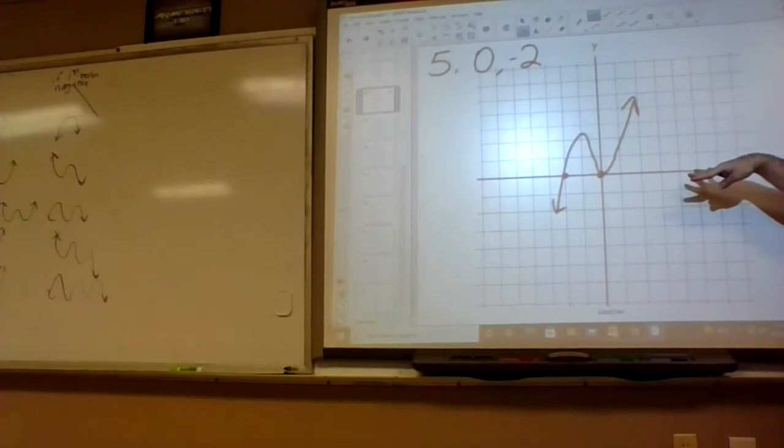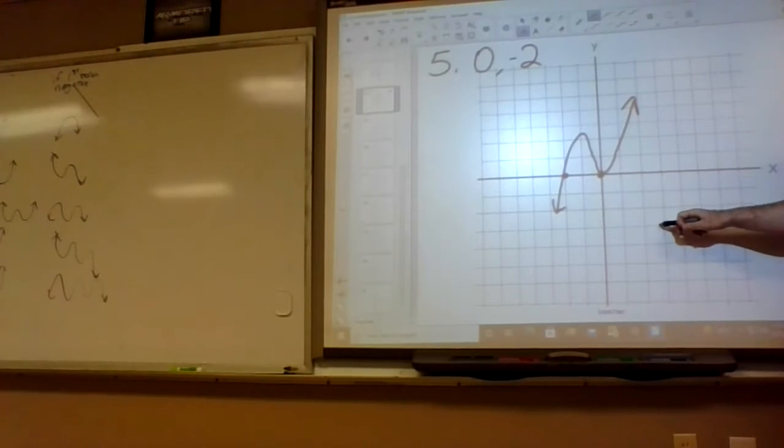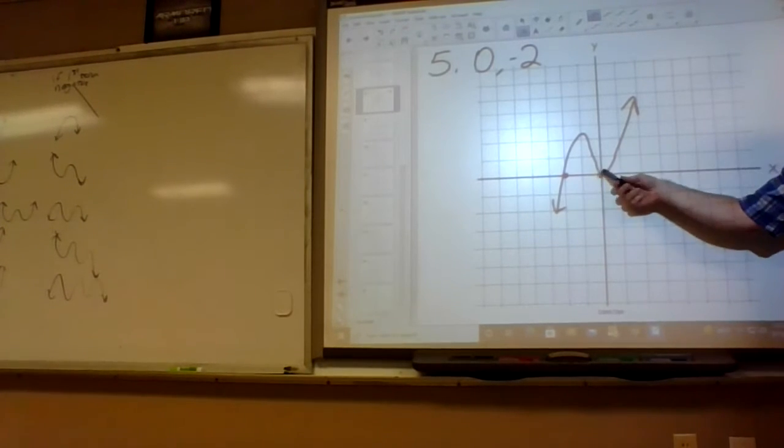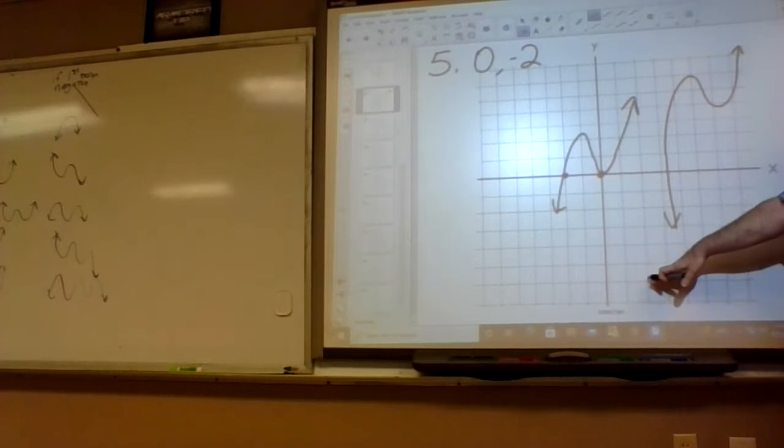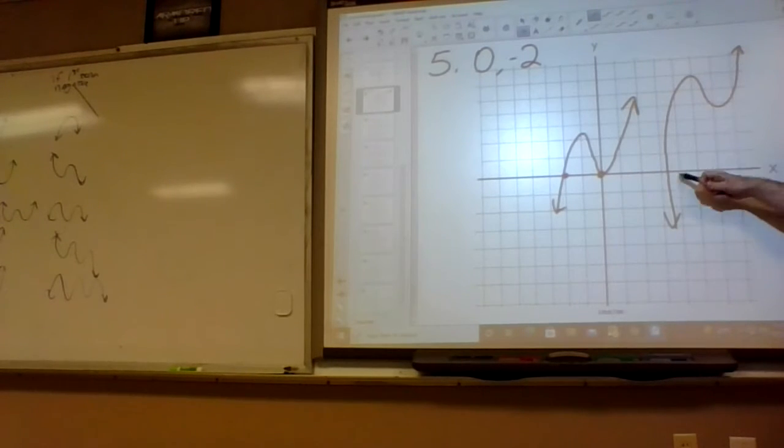Guys, how many roots does a cubic function have to have at least? Smash Brothers. 3. No, it's one. This one only had 2. Okay, 1. It could look like this. Since it's going from low to high, it has it at least once somewhere. What if it's going sideways?